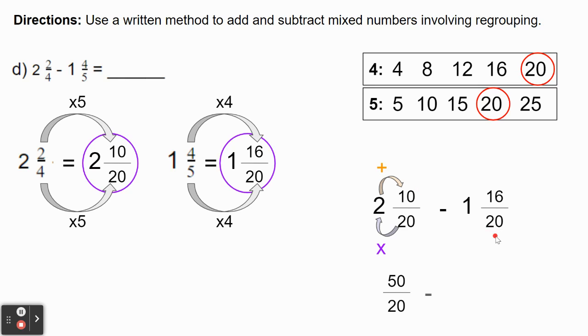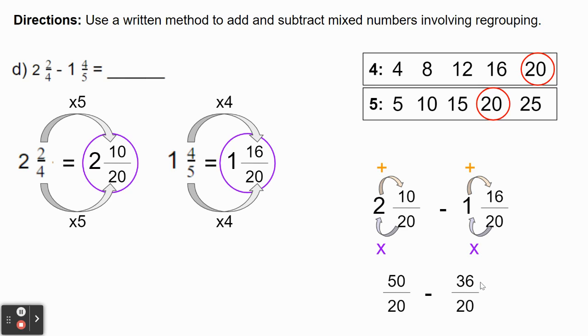We are going to multiply the denominator 20 times 1. So 20 times 1 is 20, plus 16 is 36. So the numerator for a fraction greater than 1 is 36, and the denominator 20 stays the same.